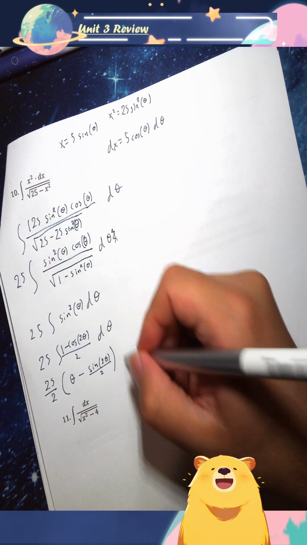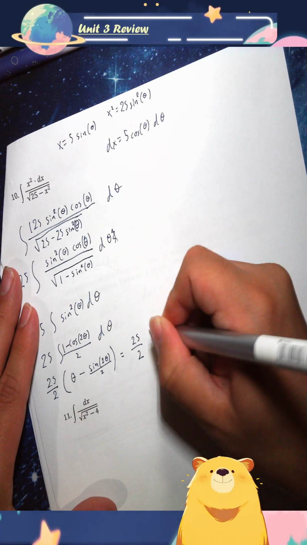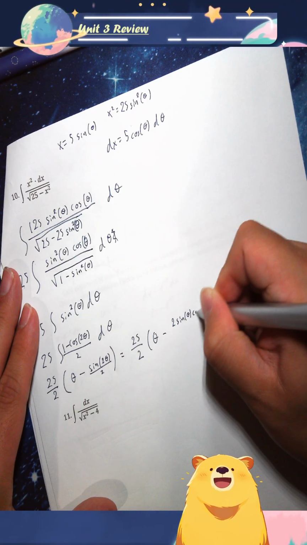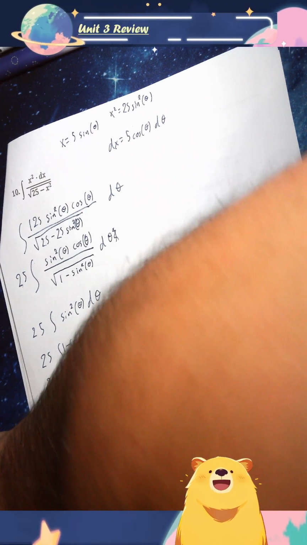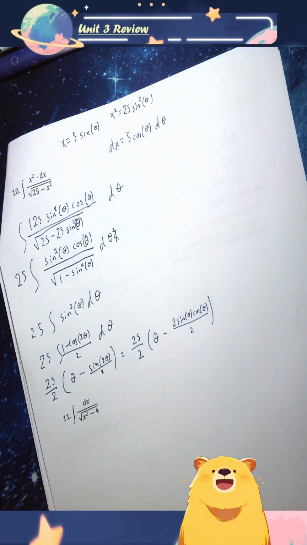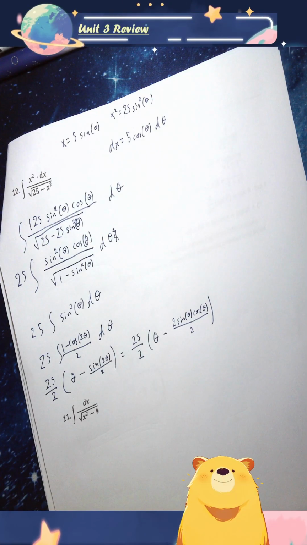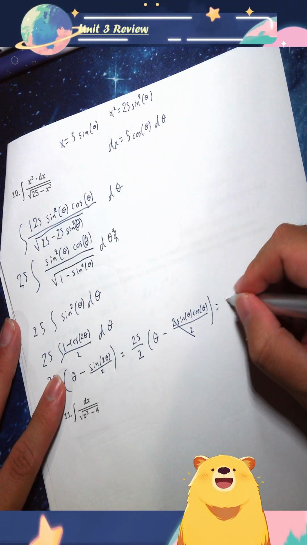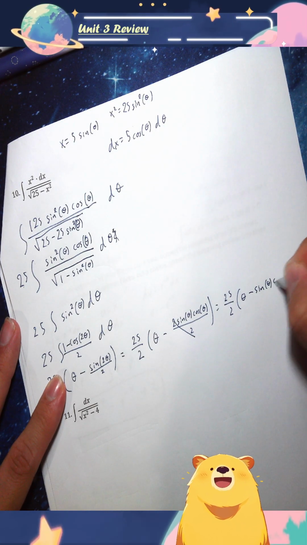I believe it is 2 sine of theta cosine of theta over 2. Let me just double check that. Yes. Okay, cool. All right, that cancels out. And you're left with one final expression, 25 over 2 theta minus sine of theta cosine of theta.